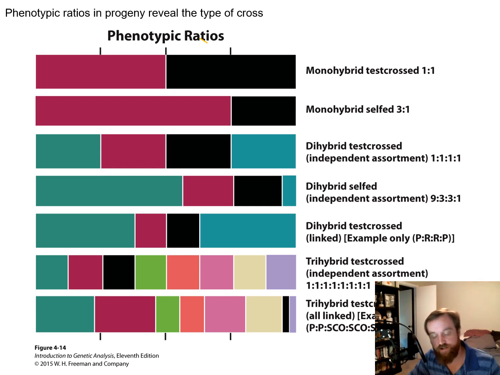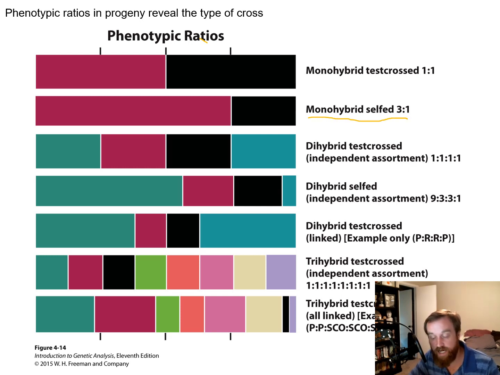We started in chapter 2 with monohybrid crosses, when we're looking at a single gene, dominant and recessive. For the monohybrid test cross, we saw that the offspring arose in a ratio of 1 to 1. In the monohybrid selfing, we saw a 3 to 1 ratio.